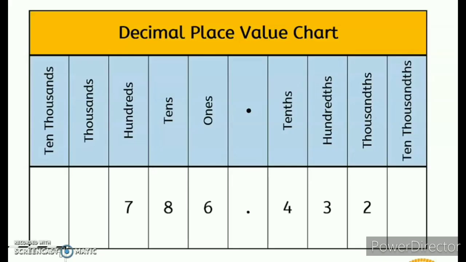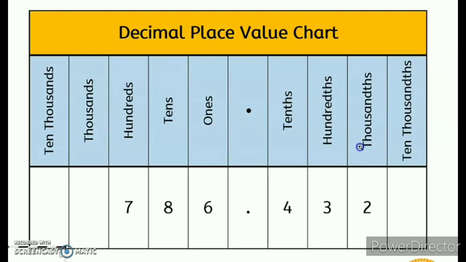Let's see what a decimal place value chart is and how it looks. Here on the screen you can see a decimal place value chart. The first place after the decimal point, this is the decimal point children, is called the tenths place. We get this decimal place by dividing the number by 10.